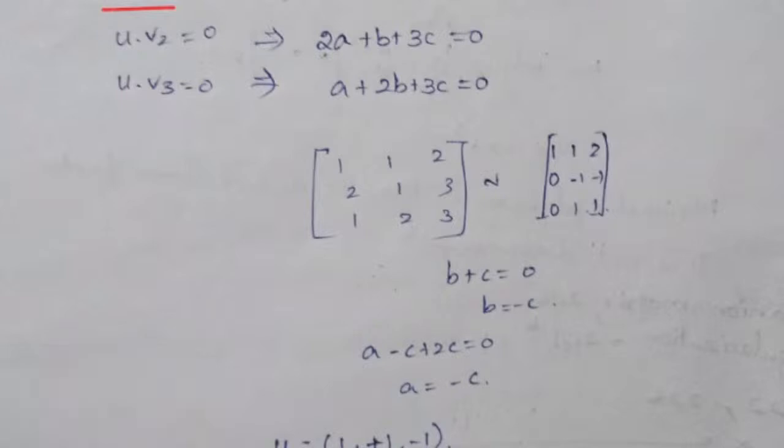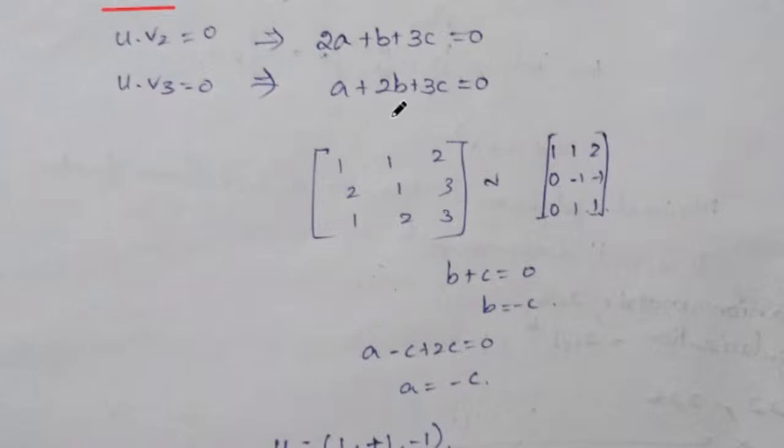Let us assume u is equal to (a, b, c), and we should find u. The orthogonal condition u dot v1 should be 0. u dot v1 is defined by multiplying the corresponding positions. That is 1 into a, 1 into b, plus 2 into c. So a plus b plus 2c equal to 0. For v2, u dot v2 equal to 0 implies 2a plus b plus 3c is equal to 0. And u dot v3 equal to 0 implies a plus 2b plus 3c equal to 0.